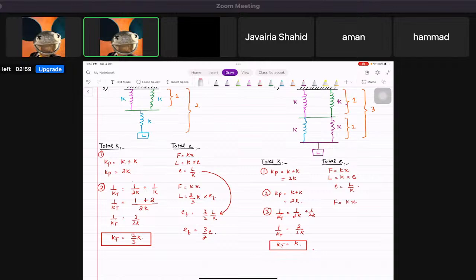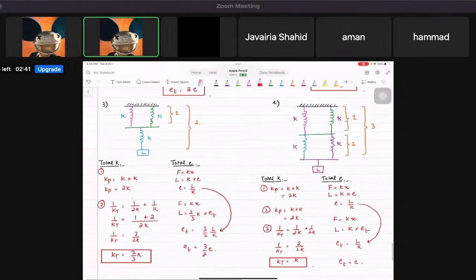The load was L. This time the K total is also K, and E will show this one. So E total is L upon K actually. Because L upon K is just the same, in this one, E total will just be E. Now the interesting thing is that the fourth combination basically acts just like it is one spring. Although there are four, because of the series and parallel combination, it acts as if we have just put one spring altogether, not many. Understood?